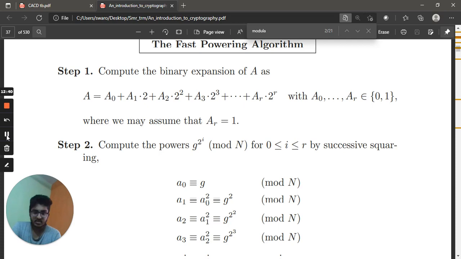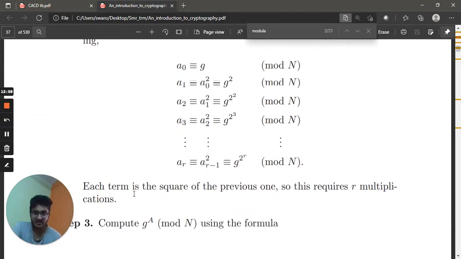A0 is identical to g mod n, A1 is identical to A0 square, which is identical to g square mod n, A2 is identical to A1 square, which is identical to g power 2 square mod n, and so on. Each term is the square of the previous one, so this requires r multiplications.